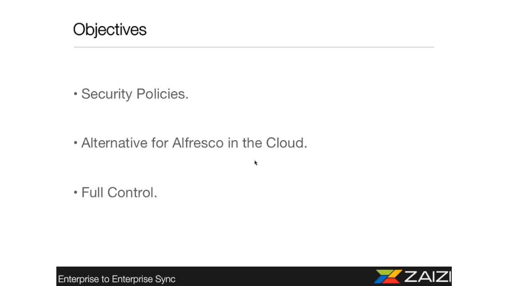So the main objective of this customization is to allow those who cannot take advantage of Alfresco in the cloud the synchronization between multiple on-premise Alfresco instances, which then will effectively act as a private cloud for them, retaining this way full control over the system.